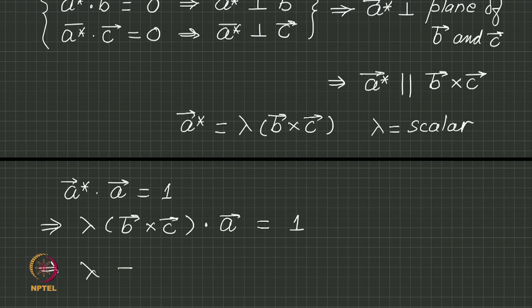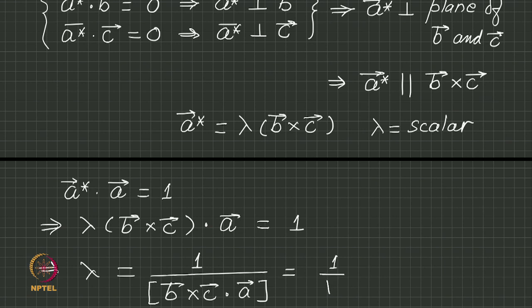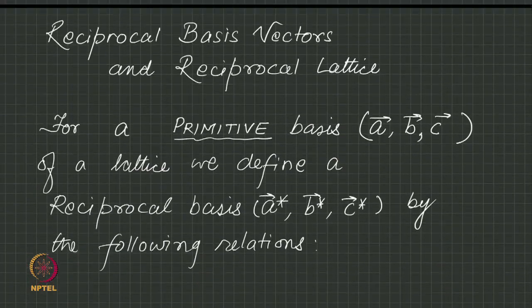Which means lambda is nothing but 1 by B cross C dot A, which is called the scalar triple product. What is its geometrical meaning? Again, the volume, the same determinant. So, this is 1 by the volume of the primitive unit cell. Remember, A, B and C we insisted are primitive.